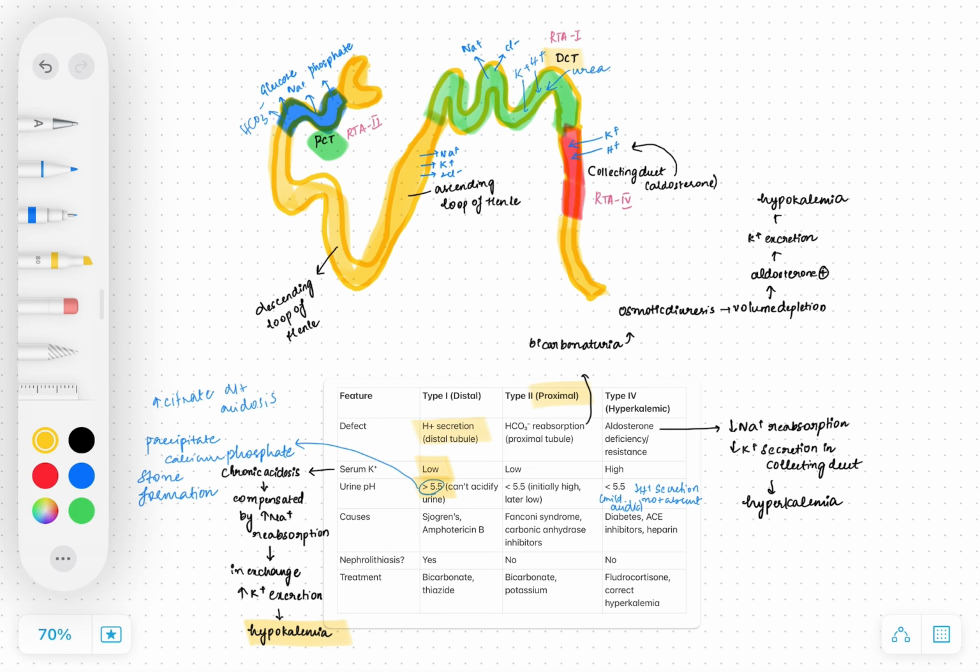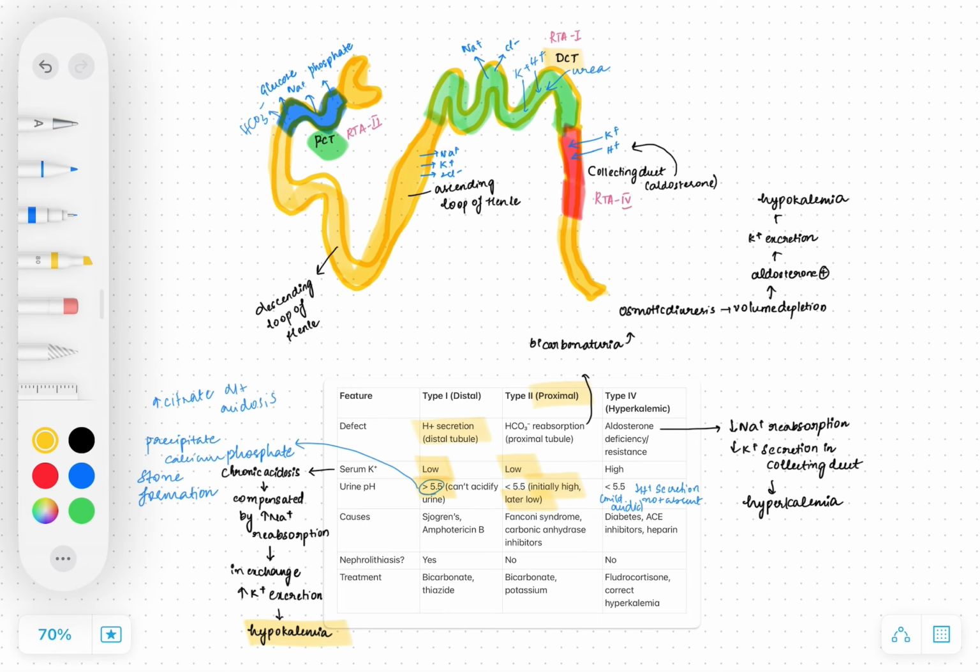So there will be low potassium levels, and the urine pH will be initially high but later low. The causes are Fanconi syndrome and carbonic anhydrase inhibitors. There will be no nephrolithiasis. The treatment is bicarbonate and also potassium.